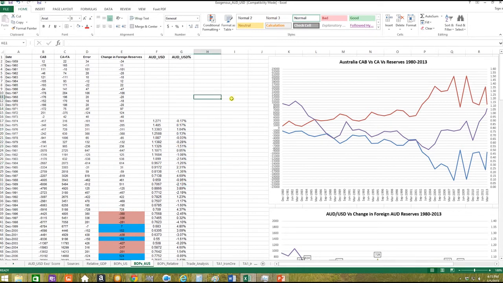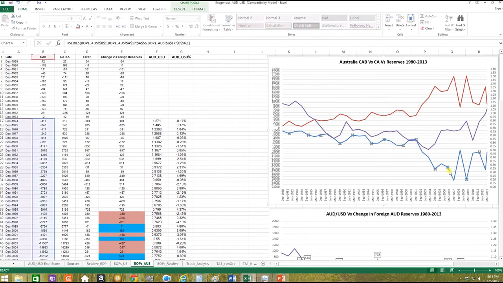And if we look at the chart on the right hand side, in the same way that we looked at the US data, if we click on the blue line, we are referencing the current account balance data. If we click on the red line, we are referencing the capital account data.